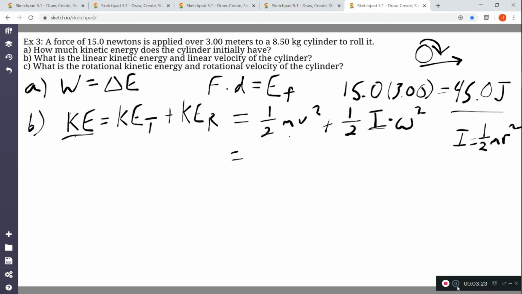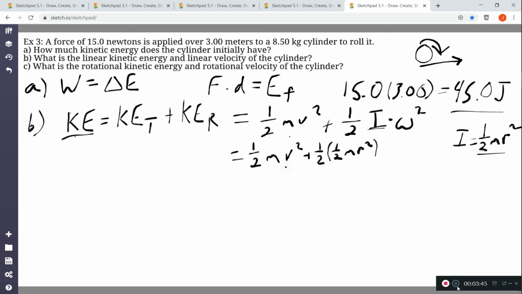So we're going to say 1/2 mv squared plus 1/2 times the quantity 1/2 mr squared. The first 1/2 is just from the normal rotational kinetic energy formula. The other 1/2 is from the moment of inertia. We also don't know anything about the angular velocity, so let's go back to a formula we do know.